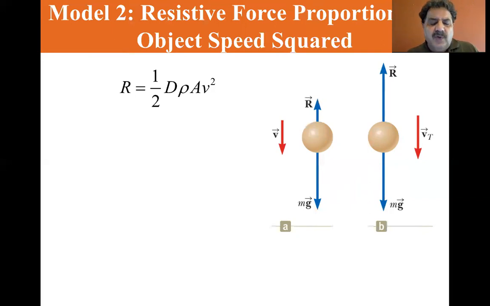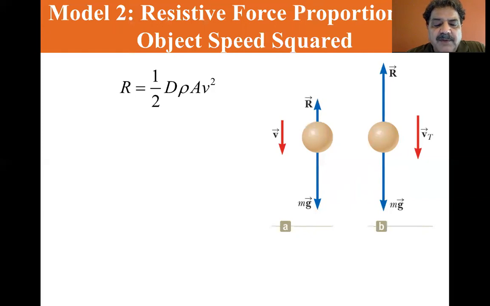Now the drag coefficient has a value of about 0.5 for spherical objects, but it can have a value as great as 2 for irregularly shaped objects. Let's analyze the motion of a falling object subject to an upward air resistive force. The object of mass m is released from rest, as in the figure.